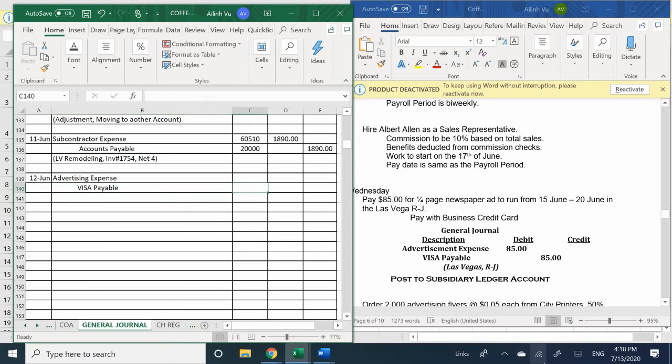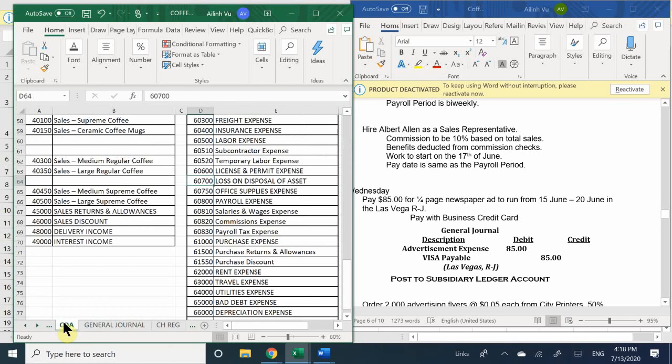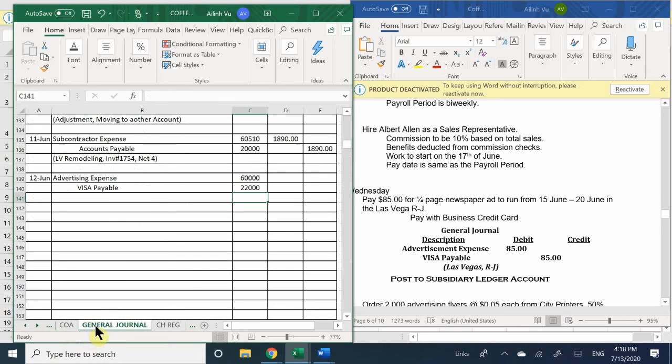Here you said advertising was 60,000, and Visa payable should be 22,000 if I'm not mistaken. 22,000? Perfect. And we know it's going to be for $85.